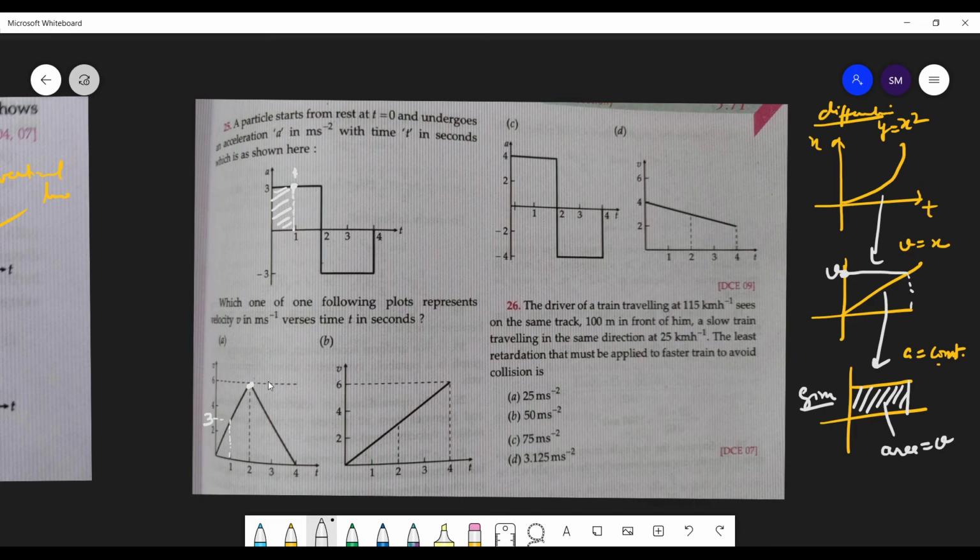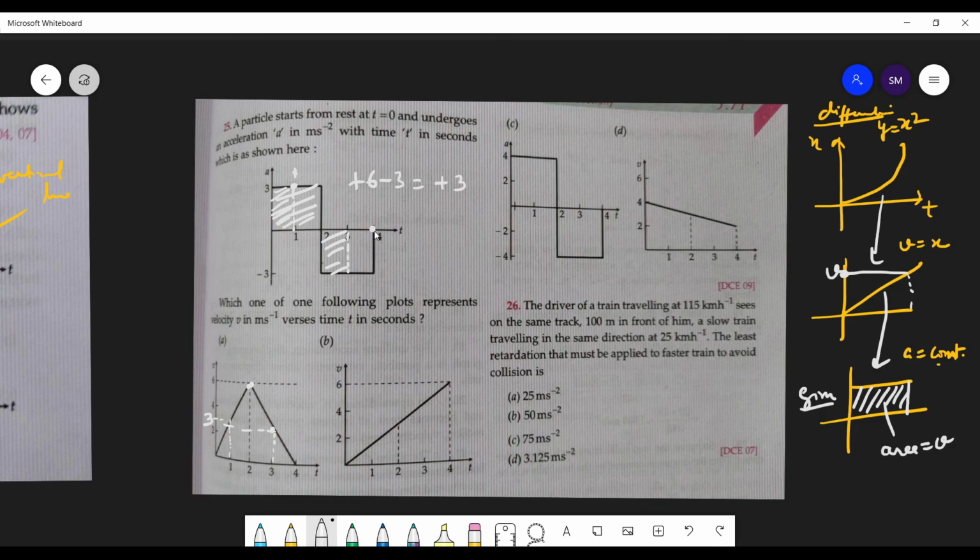Now at this point, what will be the velocity? 3 into 2. Now what is the velocity at 3, students? Minus 3. Now you have this much area. So this area is plus 6 and this is minus 3, so that's 3.